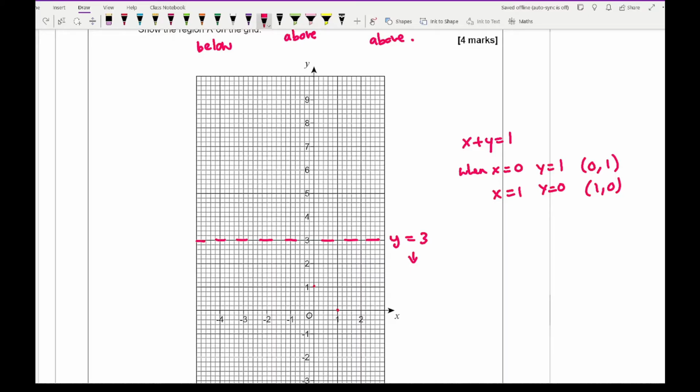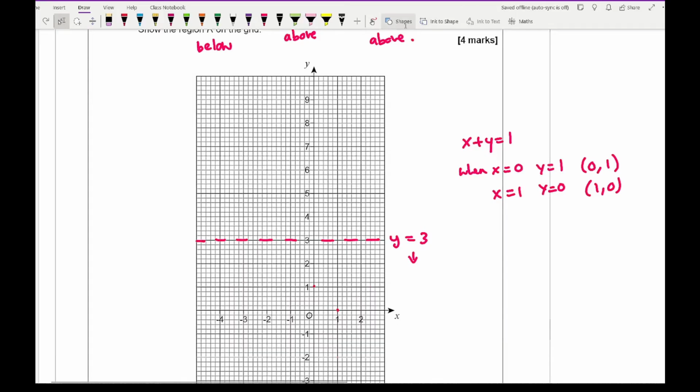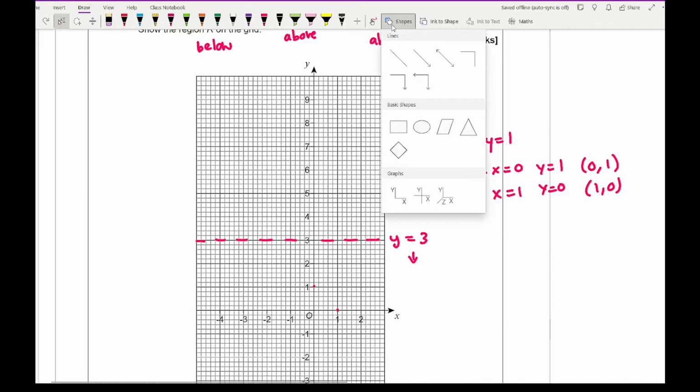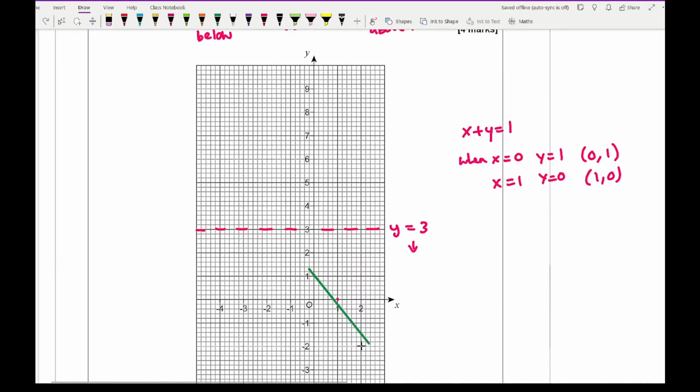And then what I want to do is draw a solid line, if I'm not mistaken. Yes, it is a solid line. So let me just do that. Let's use a different colour. And let me just join those points up. This is where it gets a little bit awkward.